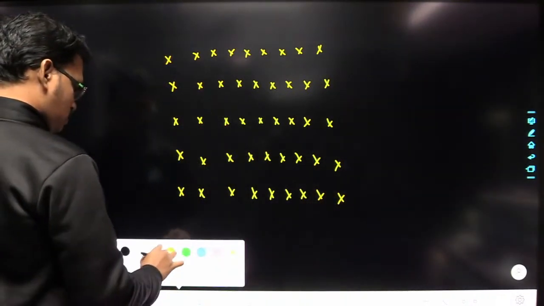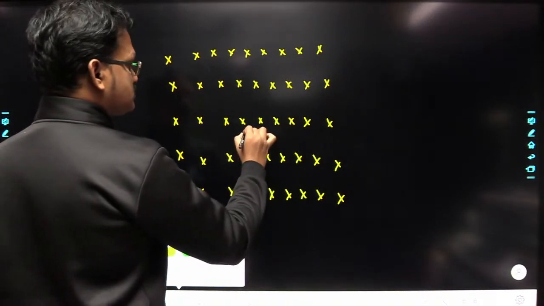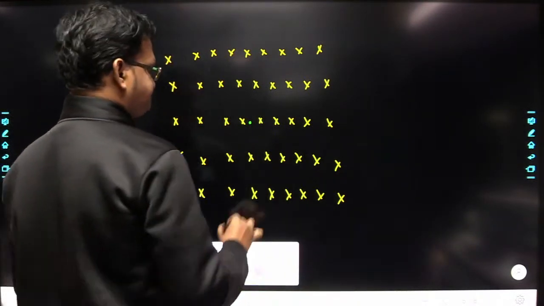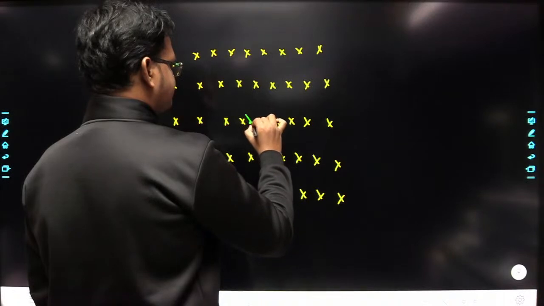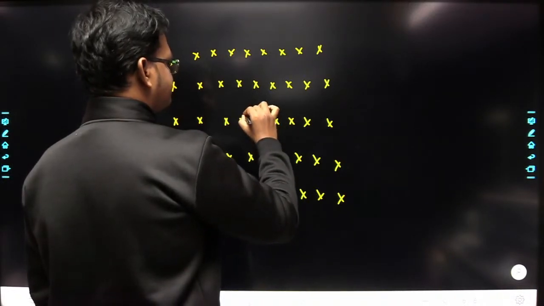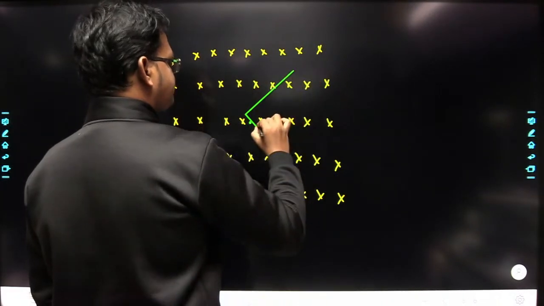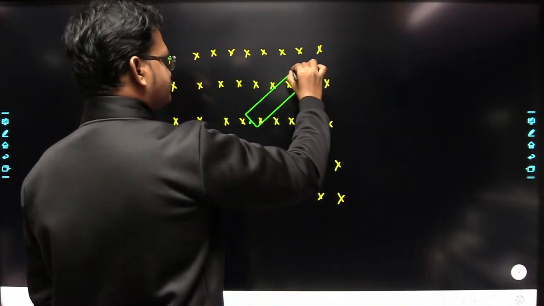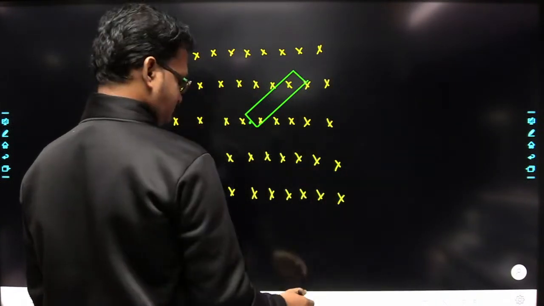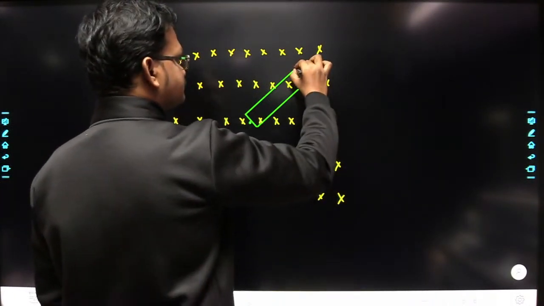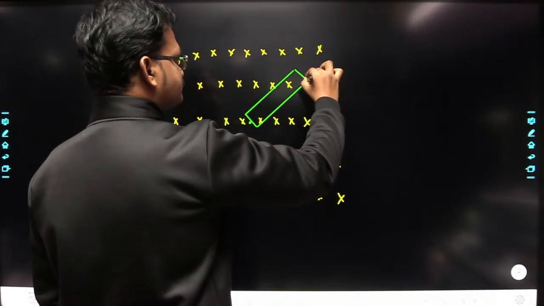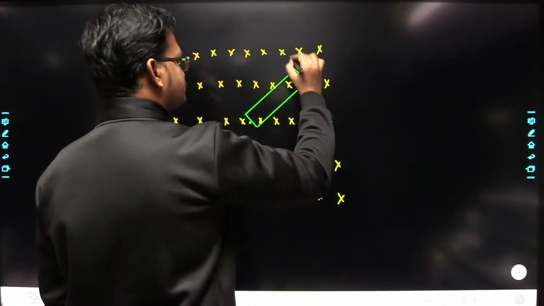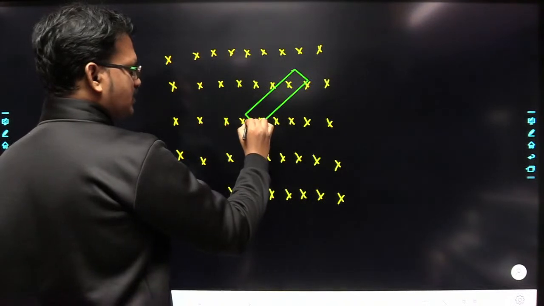Now let us consider this as a conducting bar.